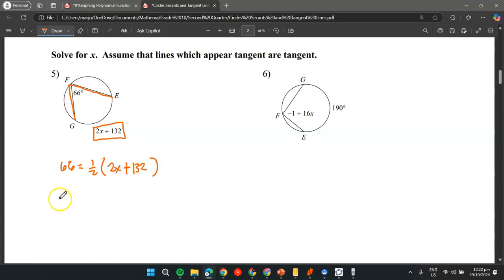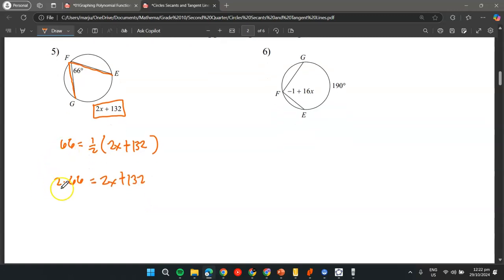Or you can do 2 times 66 is equal to 2x plus 132. We're going to solve that. 66 times 2 gives you 132, and this is 2x plus 132. Then 0 equals 2x, so x is equal to 0. So this will be your answer: the value of x is 0.